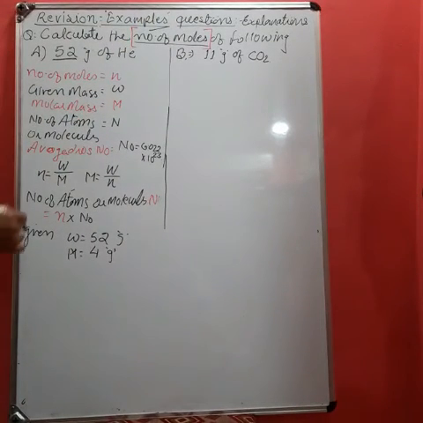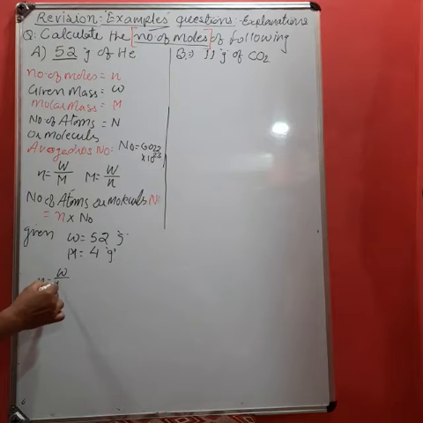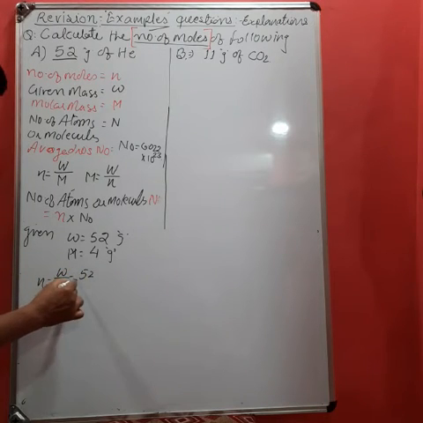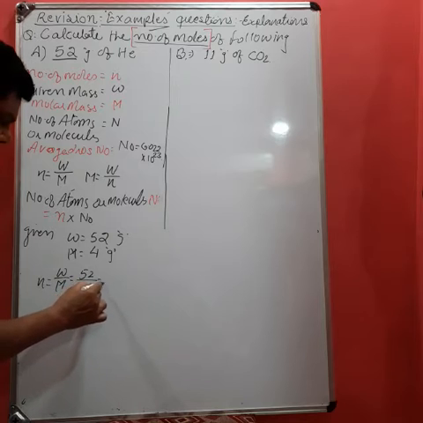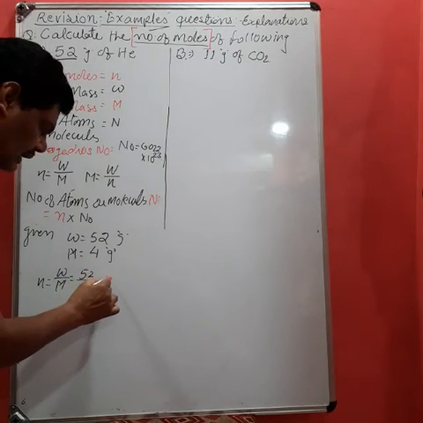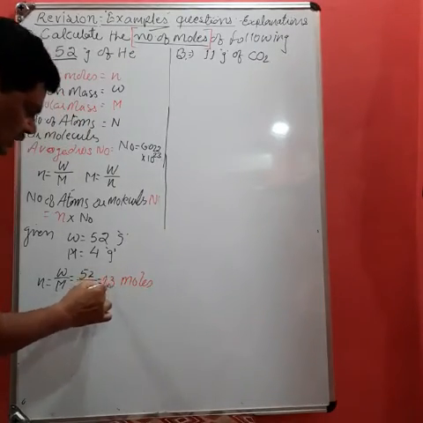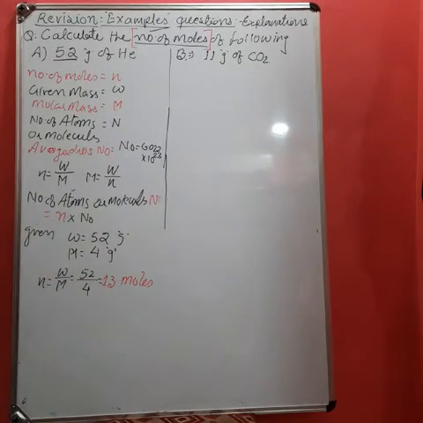Number of moles. So to find the number of moles, you can write n is equal to W upon M. W is 52, M is 4. So that becomes 13. And now write here 13 moles. Isn't it? So in this way, you can solve the question.